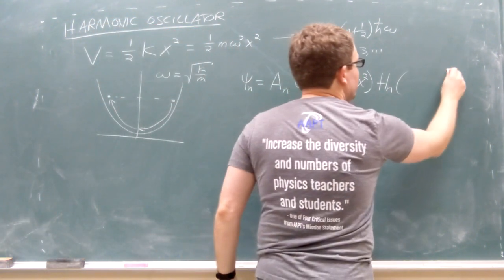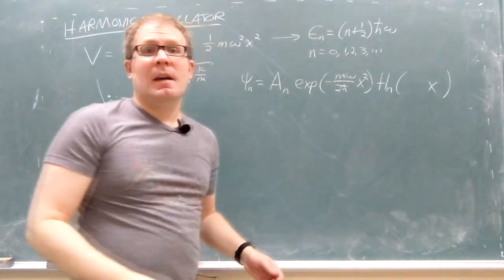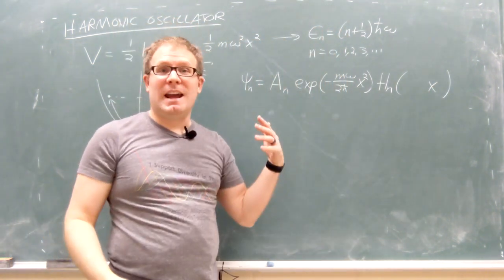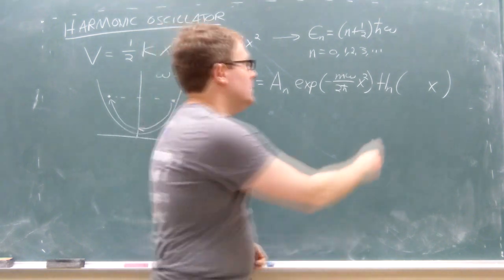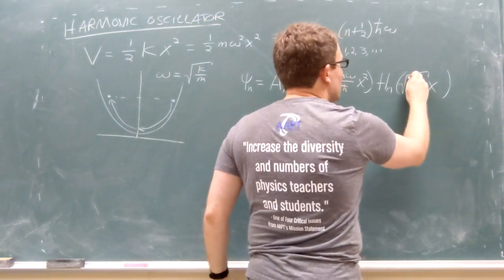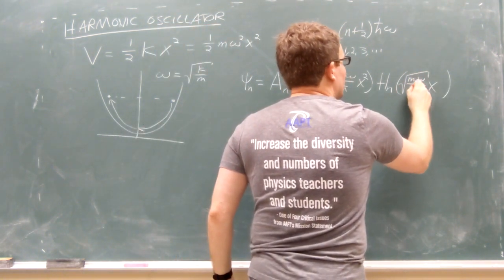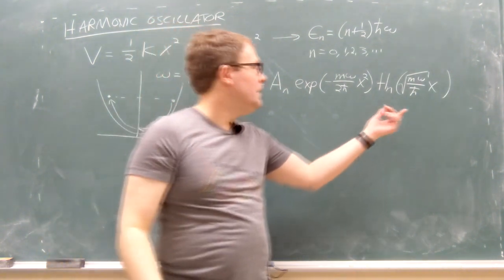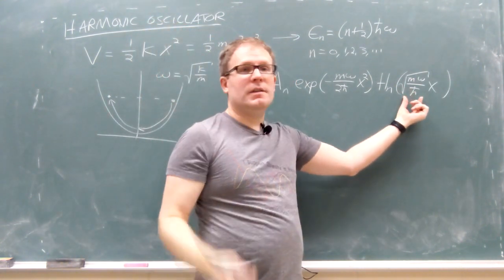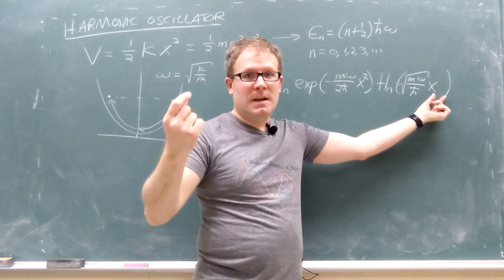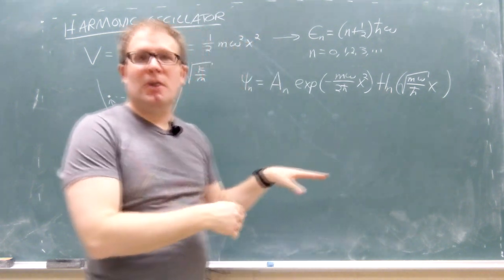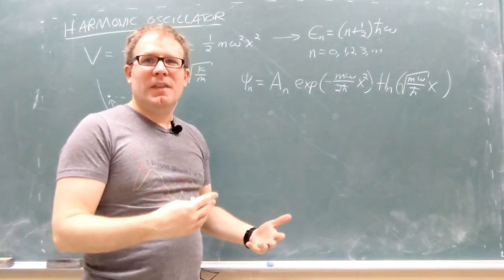Inside the argument for this is the position x. But the Hermite polynomials have to accept a dimensionless number, so we have to scale out the units of meters with an m omega over h bar. So you do the units on this. This thing will have units of 1 over meters. This has units of meters, so those cancel. You just have a pure number going into H_n, kind of like you have to do with a sine and cosine.